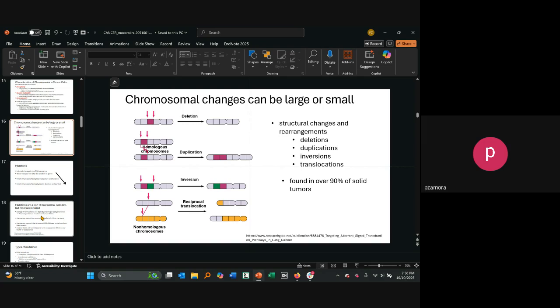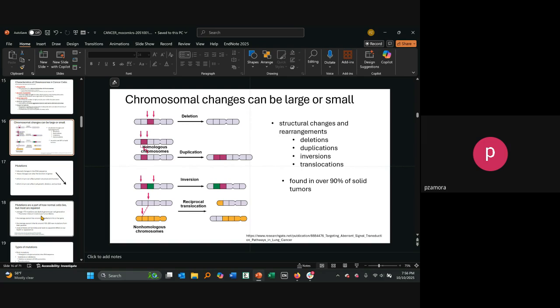Now, out of all of these different things that can occur, duplications are particularly bad because they can give rise to an enhanced number of proteins being secreted. And we'll get to why that is particularly bad.